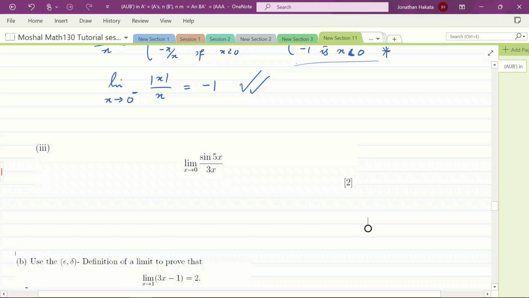Let's try this one for small angles. The limit as x approaches 0 of sine 5x over 3x is equal to the limit as x approaches 0 of what? Remember, we want to apply the principle of small angles.